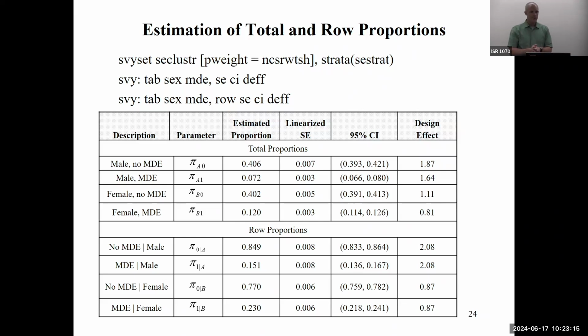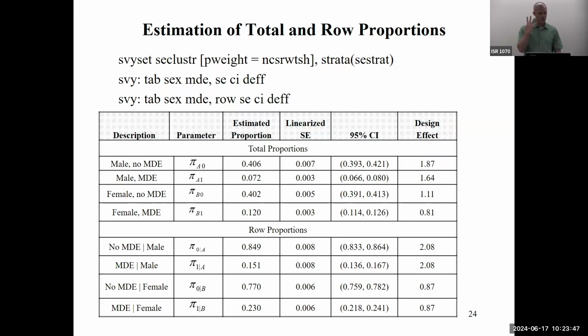Okay. In the total proportion example, the first SVY tab command, remember, you're splitting the entire population up into these 4 groups. And then you're estimating the proportion of the population in each of these 4 groups. So those guys sum to 1 for those total proportions. So looking at these estimates, we would say, for example, that 40.6% of the population is a male that's never had a major depressive episode.